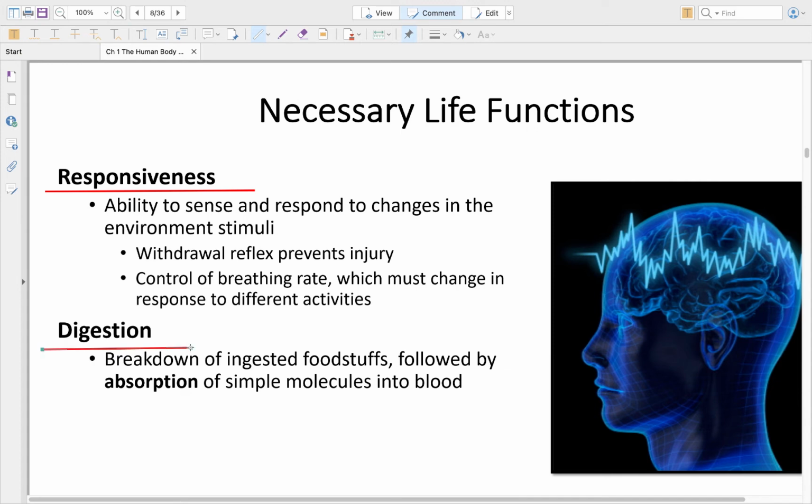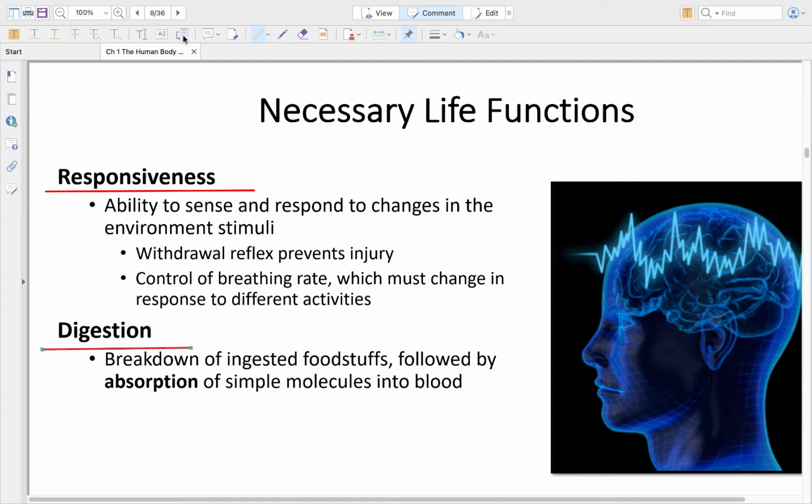Responsiveness, digestion, that's pretty straightforward. You eat your food, and the point of ingesting your food and getting all those nutrients is to eventually break that down and utilize the resources, the nutrients that the digestive system is breaking down.